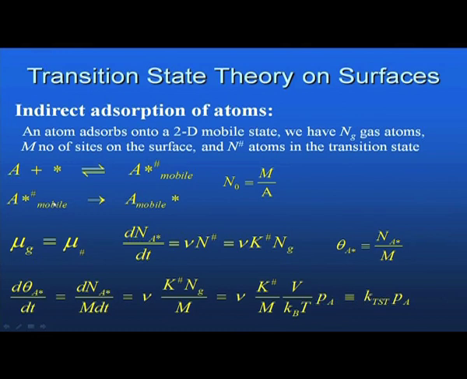So, this mobile precursor then gets converted to the A star state. Okay. So, after it has got some position, maybe one vacant position where your A atom is adhering.